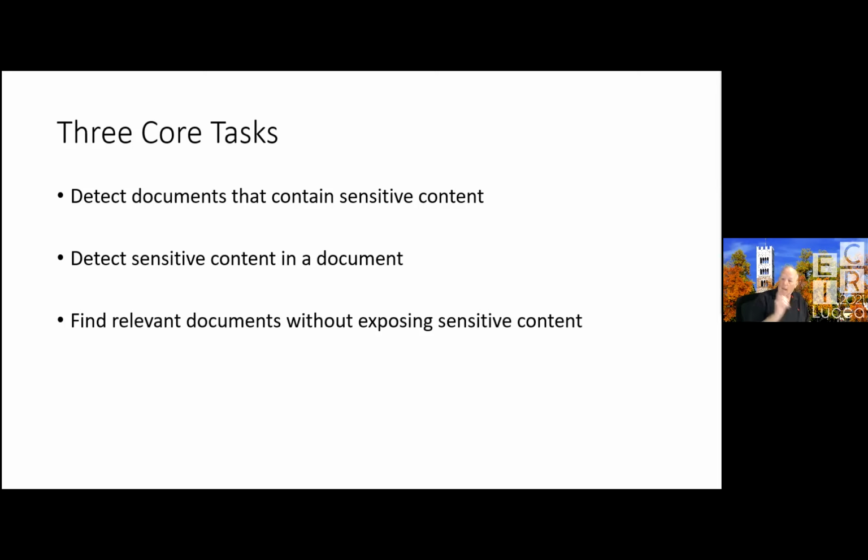And knowing which documents contain sensitive content and which parts of those are sensitive, we then want to serve the user by finding relevant documents without exposing sensitive content. If we were only doing the first two, this would not be an information retrieval tutorial. This is an information retrieval tutorial to find documents that are amidst things that shouldn't be found, right? And so these are the three problems that have to be addressed.